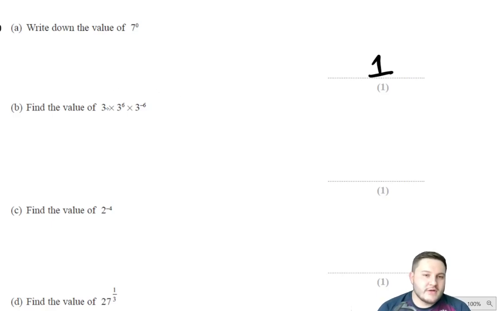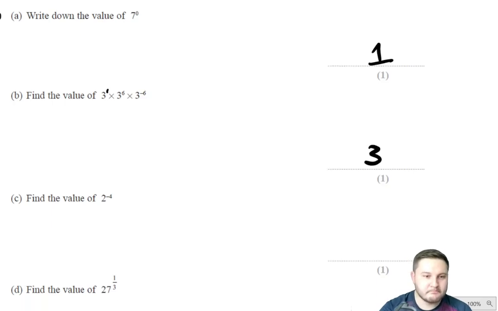So this has technically got a power of 1 because it's itself, and anything to the power of 1 is itself. So 1 plus 6 is 7, plus negative 6 is 1, so it's going to be 3 to the power 1, which is just 3. In other words, this 3 to the power 6 and this 3 to the power negative 6 basically cancel each other out, just leaving you with this 3 value.